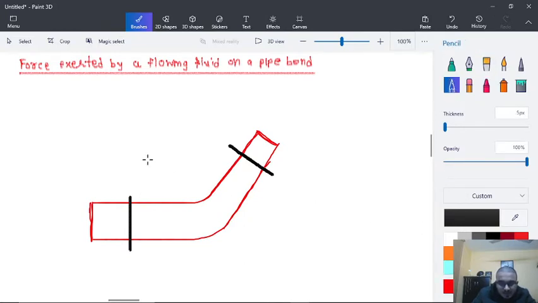Let's say this is our section 1 and here we have section 2. Now we can draw the axes.